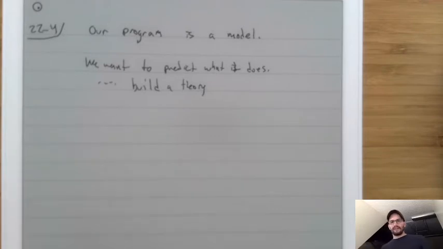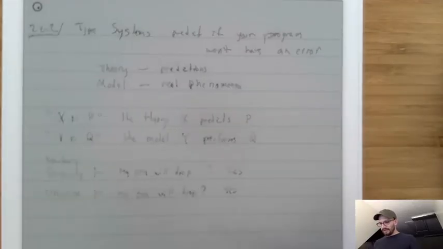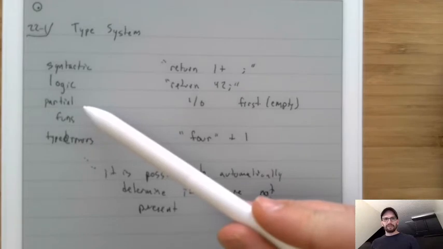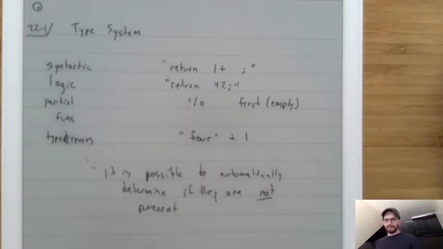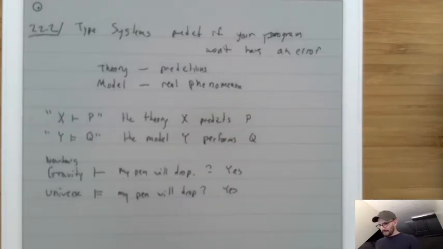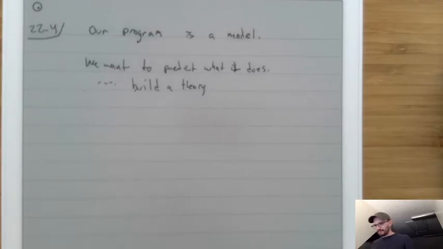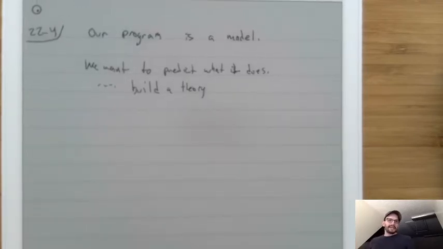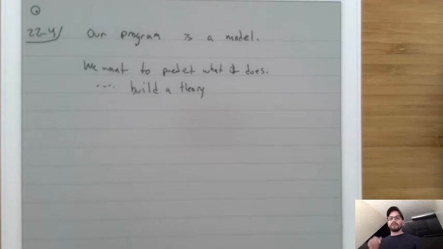Once we have this theory, we're then going to predict whether or not our program runs and has an error in it. We're mainly concerned with the idea that when we run our program, it might have one of these problems. It might have a problem like a partial function, a logic error, type error, etc. Okay? So if we could predict that, then that would be useful because we would know whether or not there was going to be an error before we even ran our program.